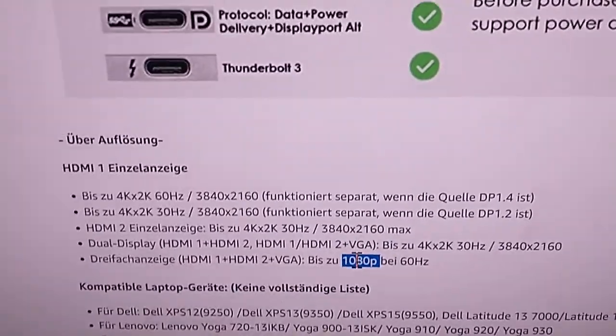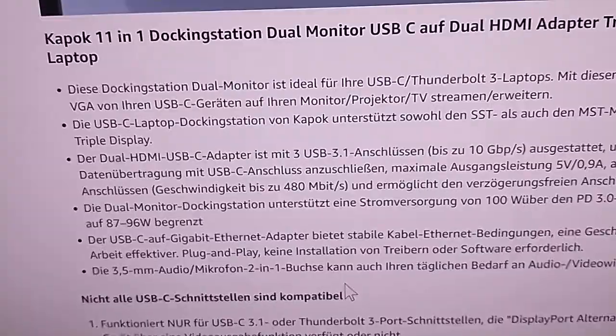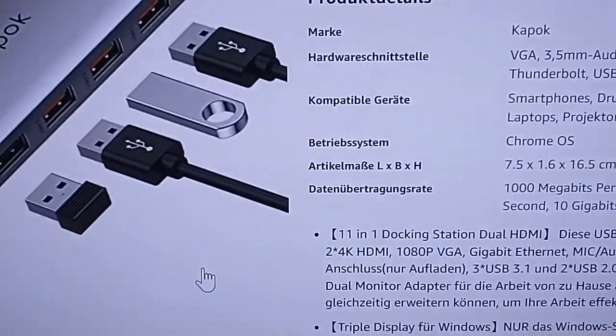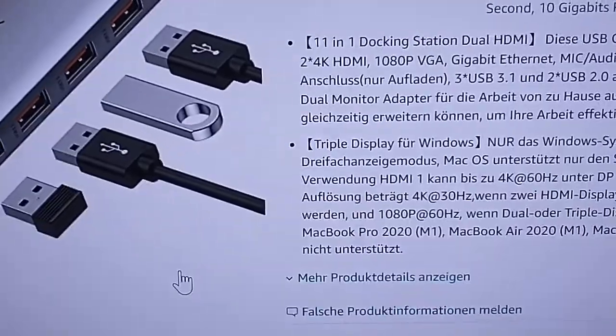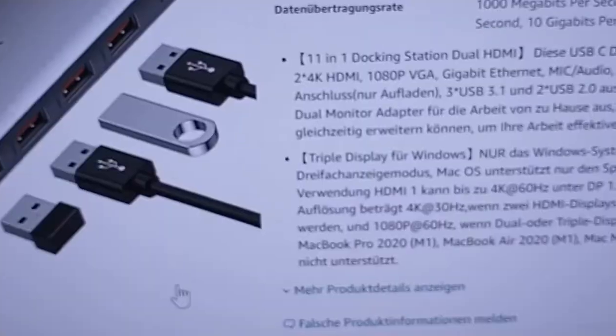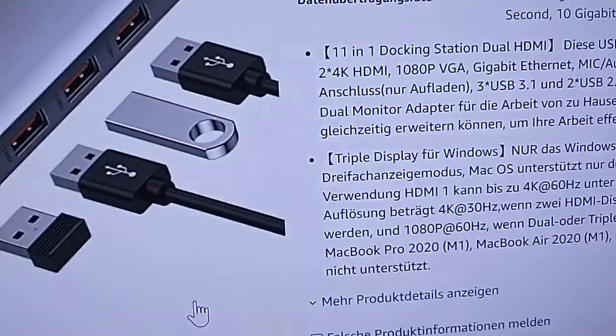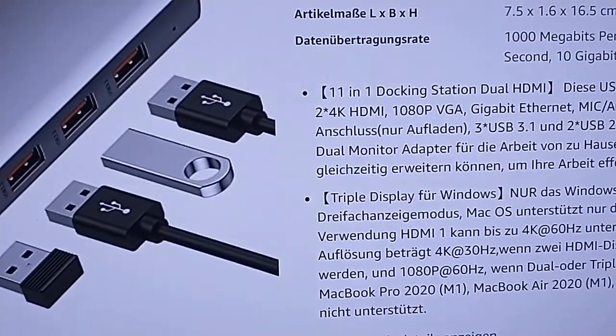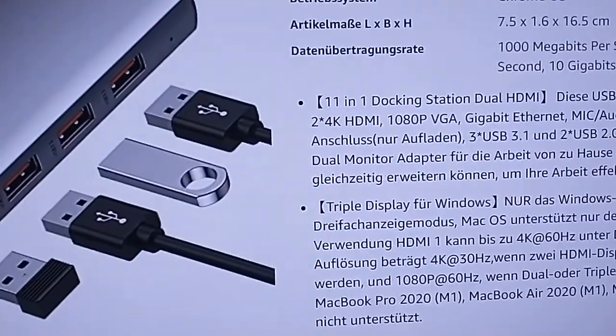And in fact, this website specifies here somewhere that Macs do not support multiple outputs, because macOS does not support MST hubs at all. There is no support for MST hubs on macOS.